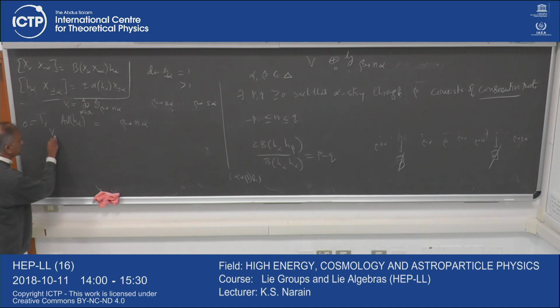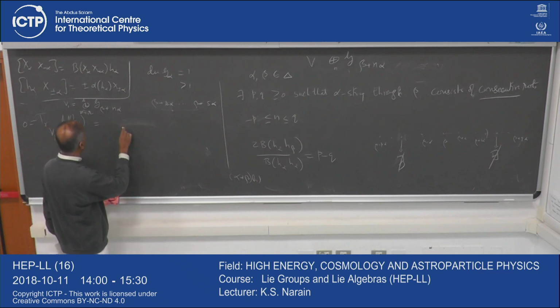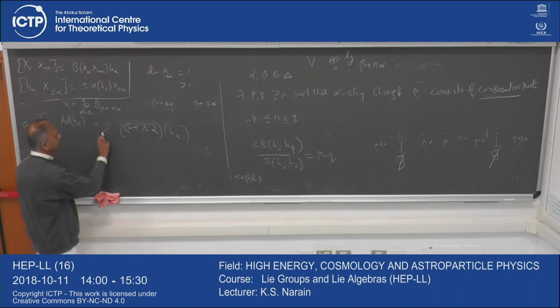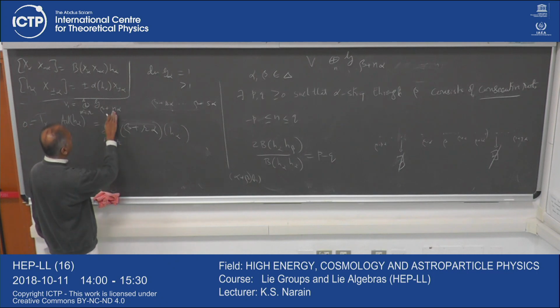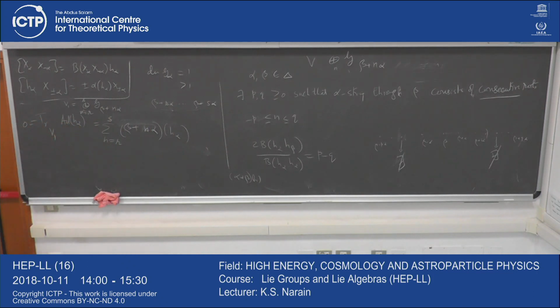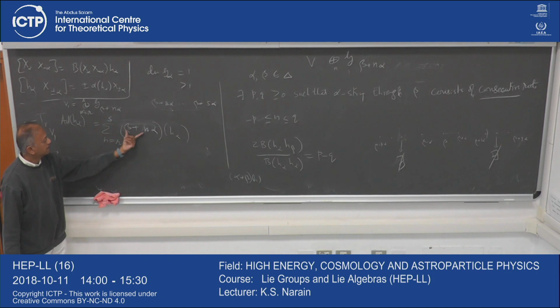Now we are looking at the trace over V1. What we will find is beta plus n alpha evaluated at H alpha, summed over n going from R to S. That's the eigenvalue, since these are all eigenspaces: beta plus n alpha is the eigenvalue, evaluated at H alpha.